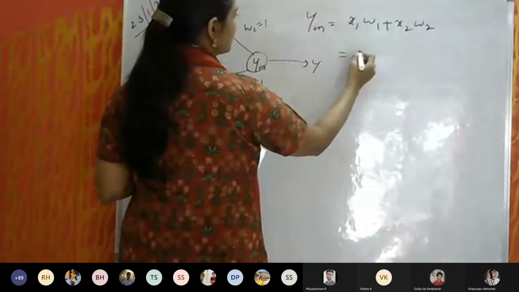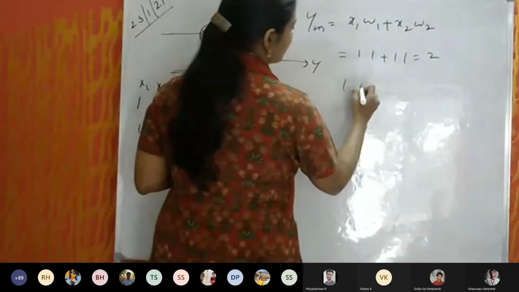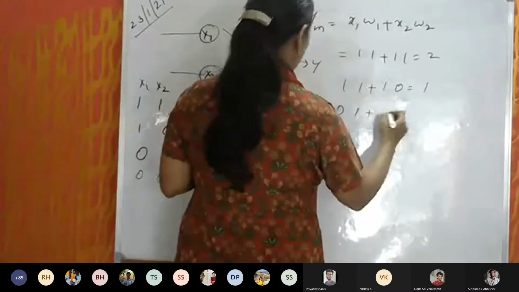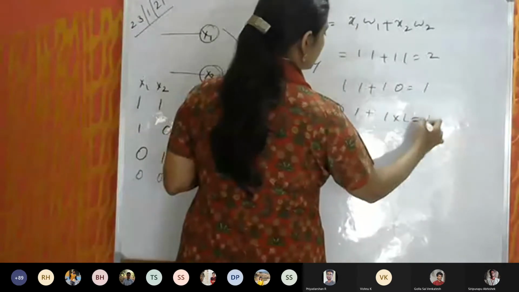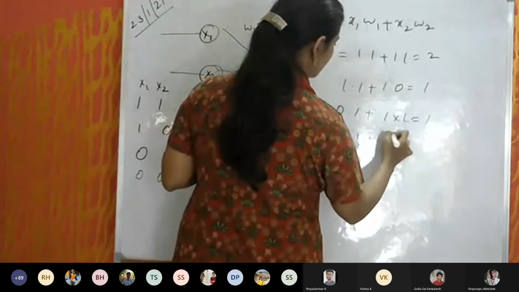For the first input, it will give 1 into 1 plus 1 into 1, which is 2. For the second input, 1 into 1 plus 1 into 0 is 1. Third input, 0 into 1 plus 1 into 1 is 1. Then the fourth input, 0 into 1 plus 0 into 1 is 0.